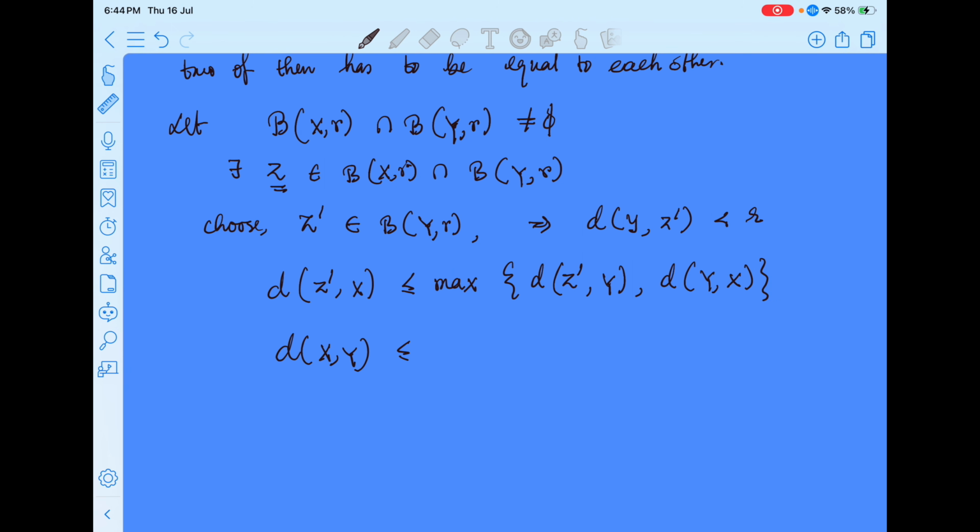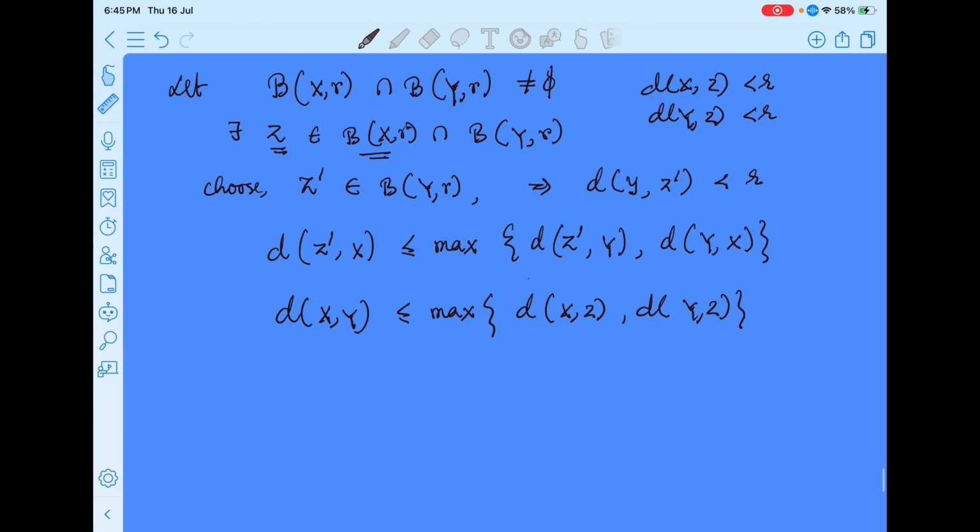So d of x comma y is less than or equal to maximum of d of x comma z, d of y comma z. Okay, now z is inside B of x comma r, which will imply d of x comma z is strictly less than r, and z is inside B y comma r implies d of y comma z is less than r. So d of x comma y is that, right?